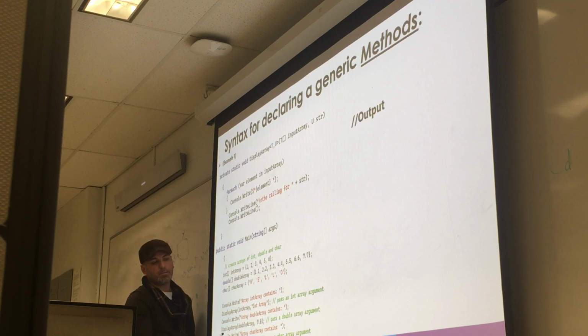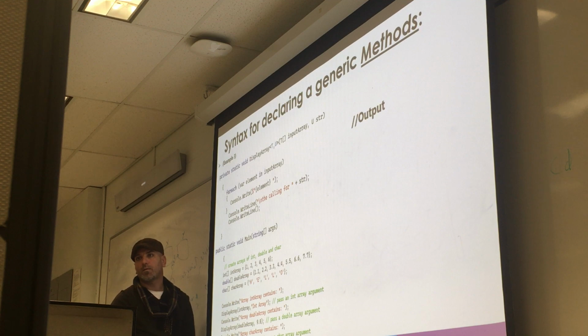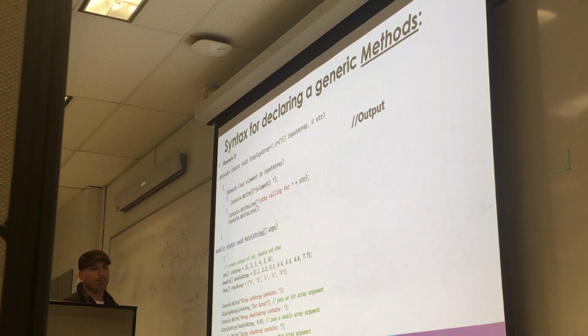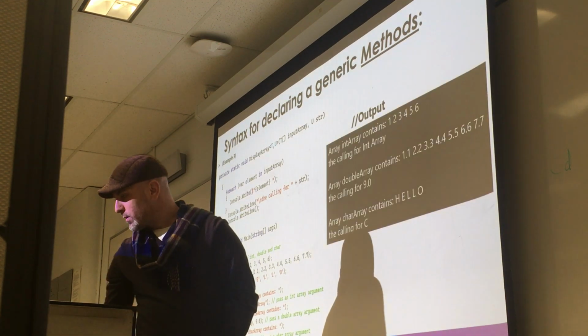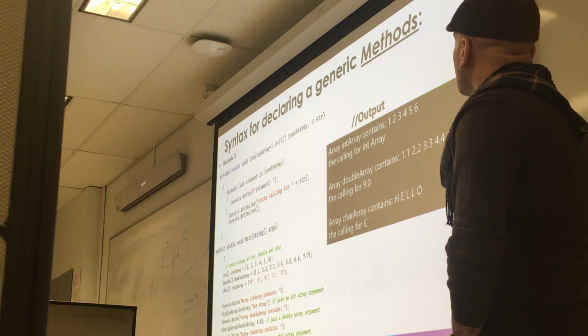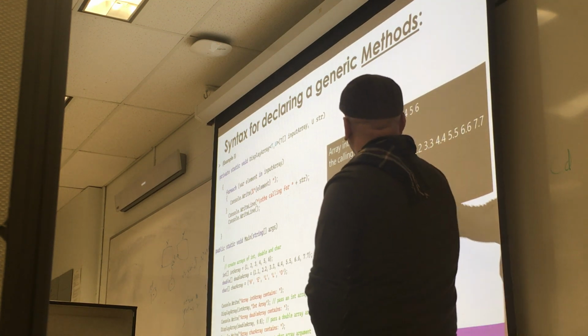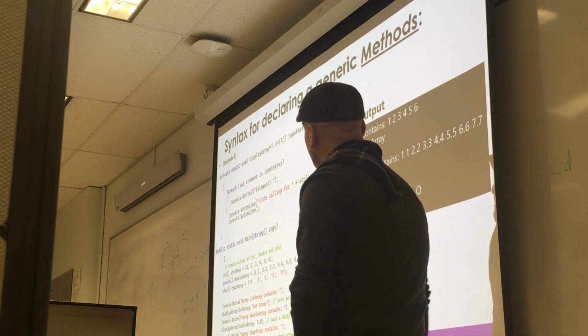In the second, I pass a double array with a double value. In the third, I pass a character array with a character. So the output: the int array contains 1, 2, 3, 4, 5, calling for the int array.